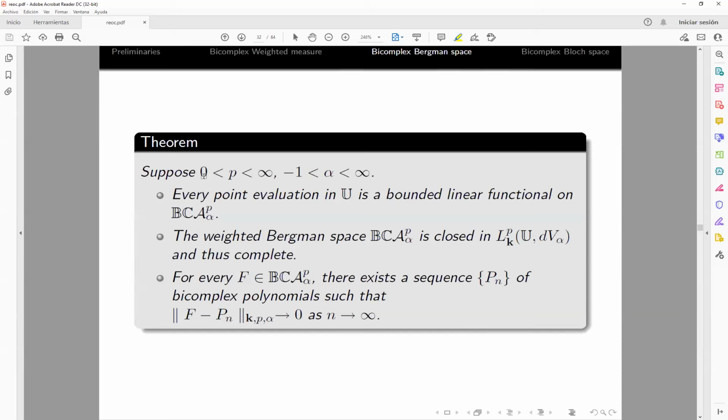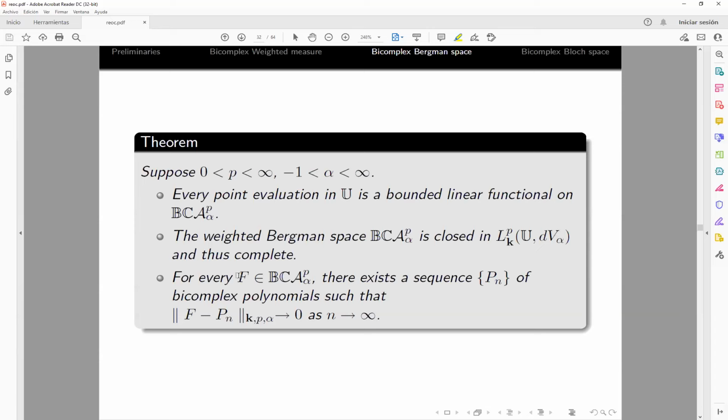If p is greater than 0 and alpha is greater than -1, every point evaluation in the unit disk is a bounded linear functional on the bicomplex weighted Bergman space. And also the weighted Bergman space is a closed space in the respective L^p space, of course with the weighted volume measure.